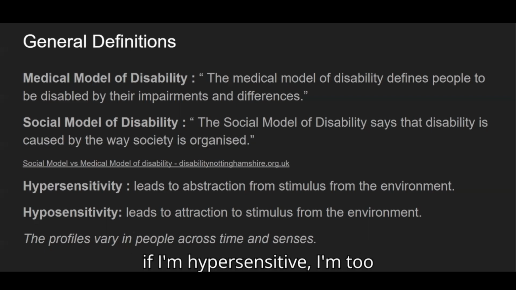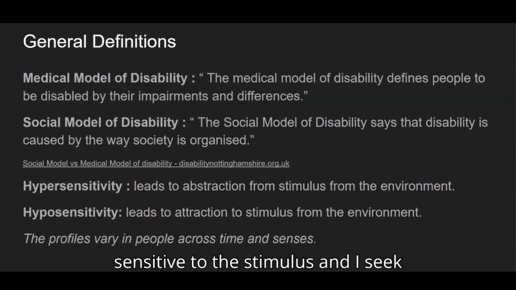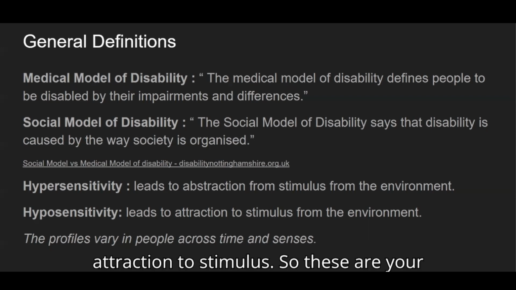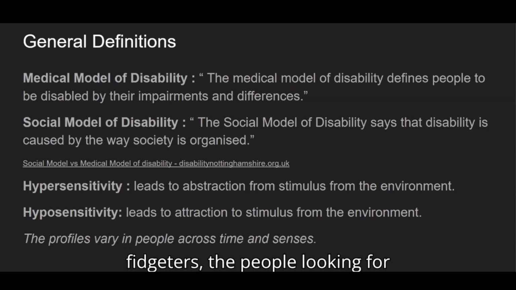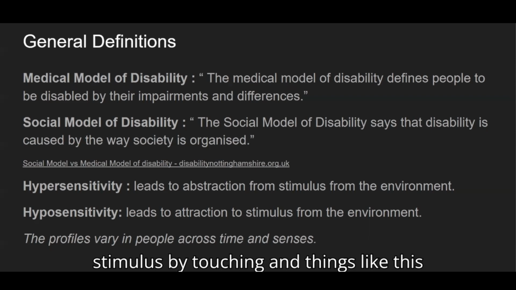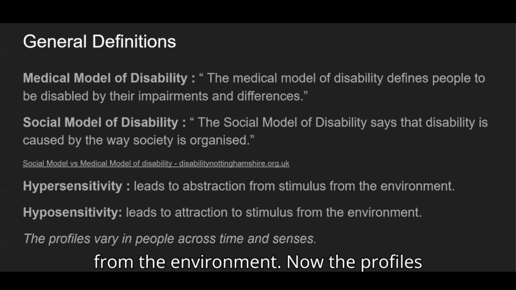Therefore, if I'm hypersensitive, I'm too sensitive to the stimulus and I seek abstraction from stimulus. If I'm hyposensitive, that means attraction to stimulus. So these are your fidgeters, the people looking for stimulus by touching and things like this from the environment.